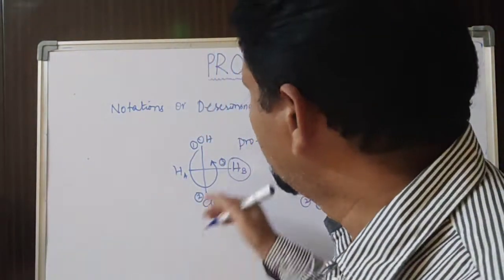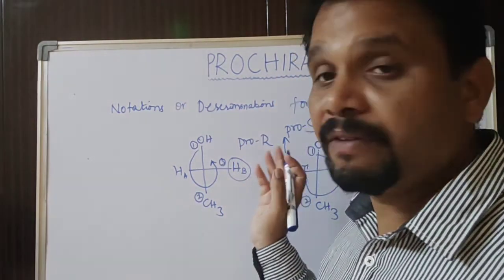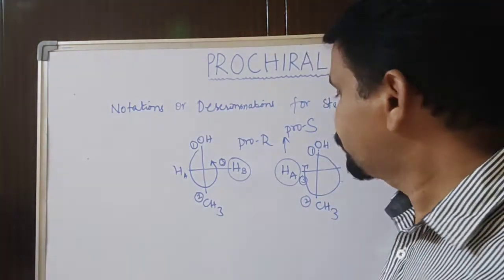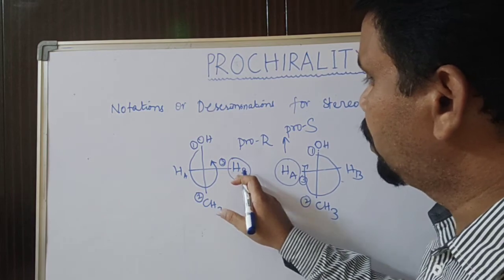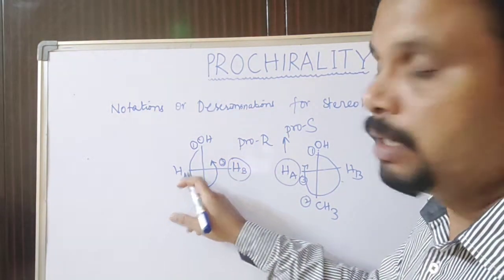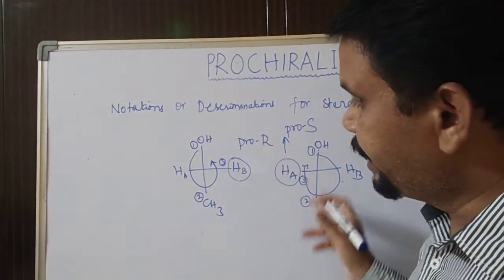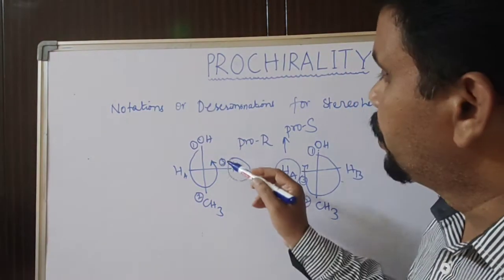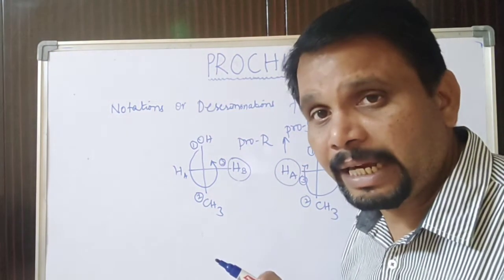Pro means in the next step, the configuration would be like that. So this right side H is pro R, left side H is pro S. How can we identify these pro R, pro S notations? Based on the Cahn-Ingold-Prelog guidelines.